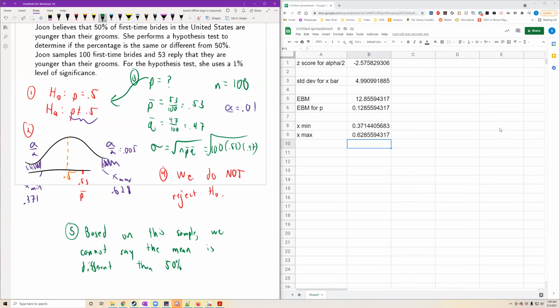We can't say that it is 50%. We have no idea. But we don't have enough evidence to say that it isn't. So that's why we're not saying that we proved the null hypothesis or even that we support the null hypothesis. We're just saying we can't reject it. We don't have enough evidence to the contrary.